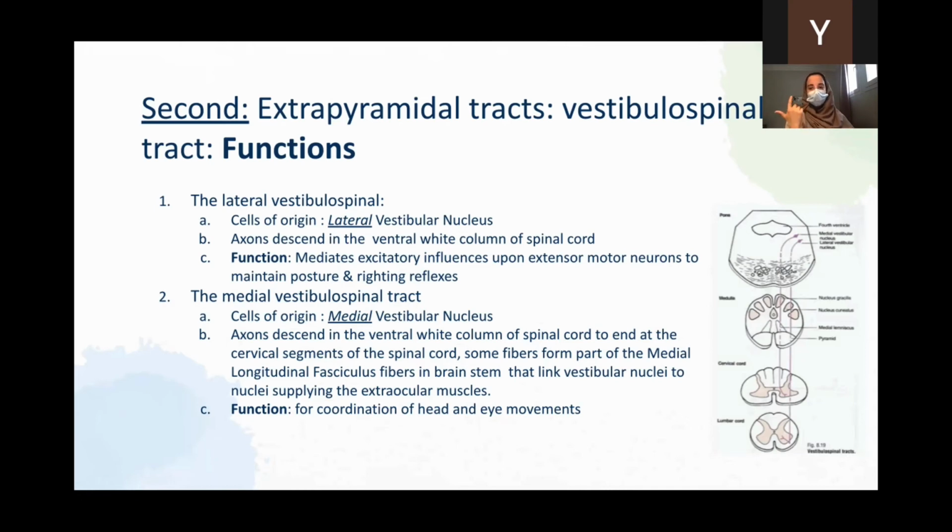Okay, فلما one person is talking to you to the right and then you look at them with your eyes and you also coordinate your head movement with the eye movement تلفي راسك معه. ف this is the responsibility of the medial vestibulospinal tract.